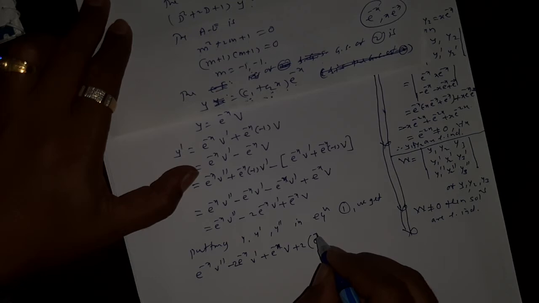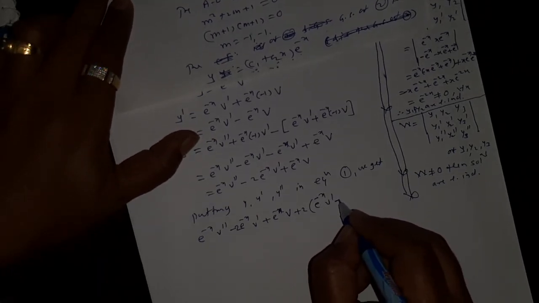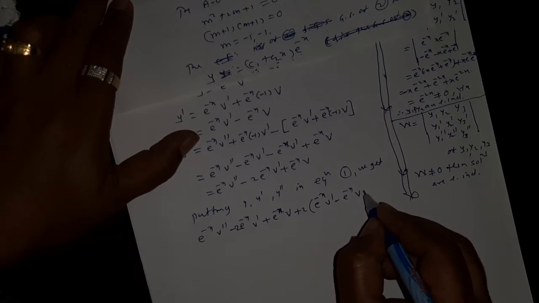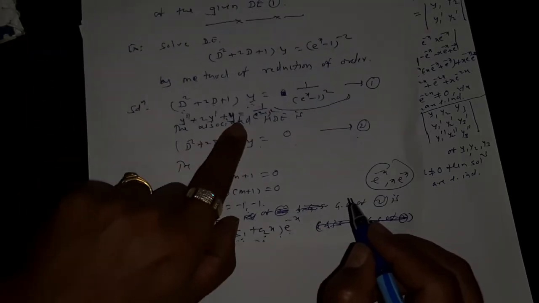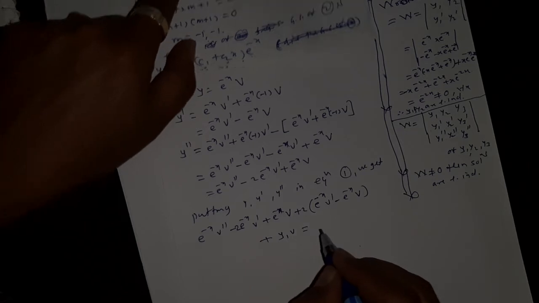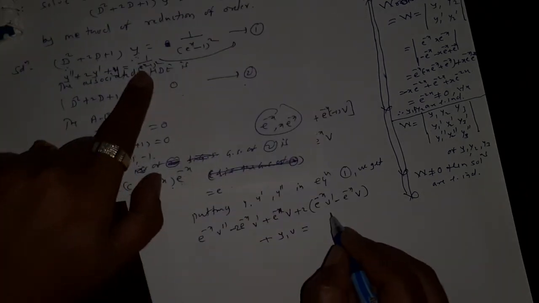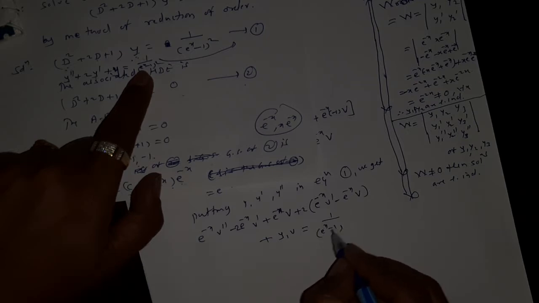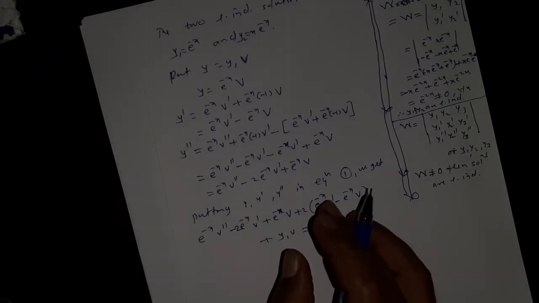This e raised to minus x v dash minus e raised to minus x v, plus this y, plus y means y1 v, is equal to the RHS, which is what? 1 by e raised to x minus 1 bracket square. So this is equation number 1, we have this.